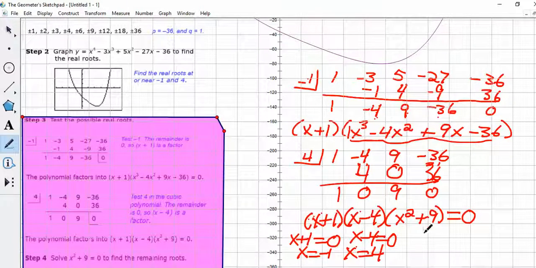And now to find the other one, let's set this equal to 0. It's not going to factor like I originally thought. If it would have been x squared minus 9, it would have factored, but it's a plus. So let's do it this way.